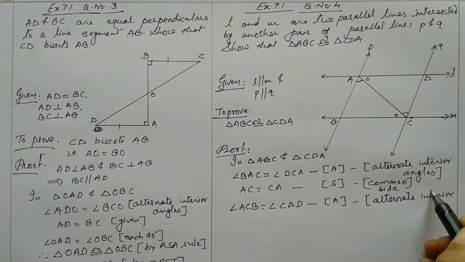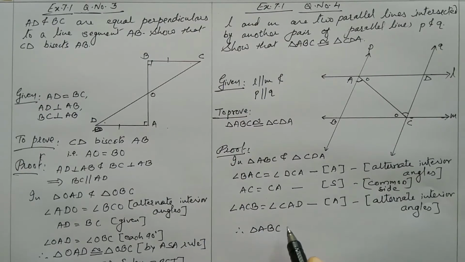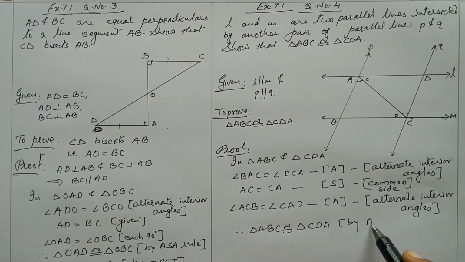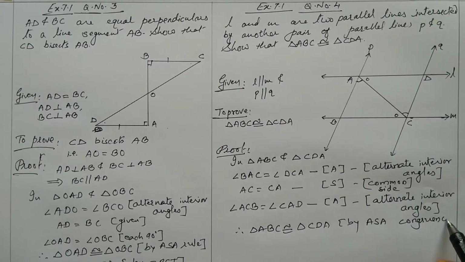Therefore we can say triangle ABC is congruent to triangle CDA by ASA congruence rule, or you can simply write rule also. Hope you have understood this question number 4.